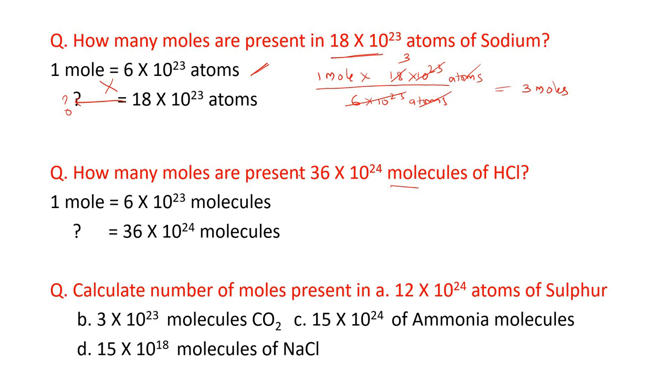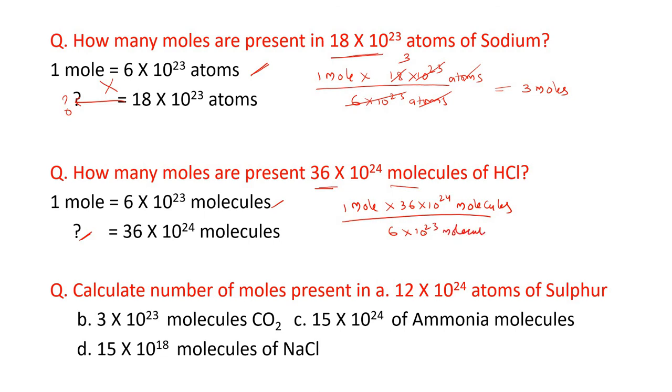How many moles are present in 36 into 10 to the power of 24 molecules of HCl? Again, same formula. 1 mole carries 6 into 10 to the power of 23 molecules. Cross multiplication: 1 mole into 36 into 10 to the power of 24 molecules divided by 6 into 10 to the power of 23 molecules.